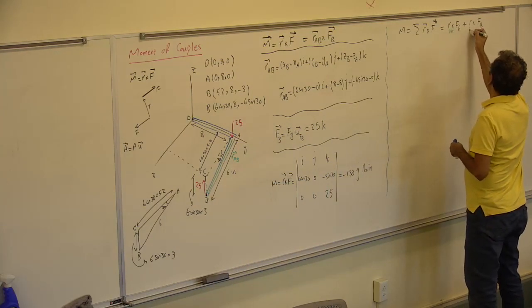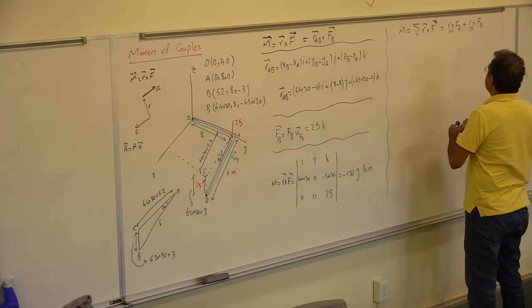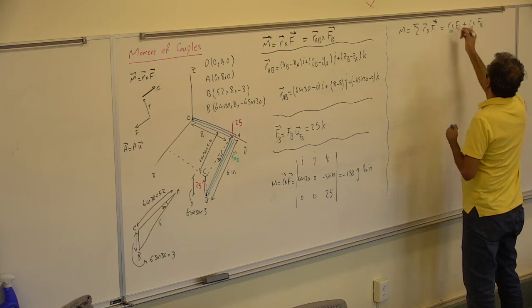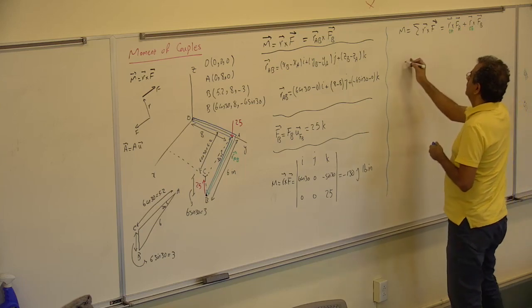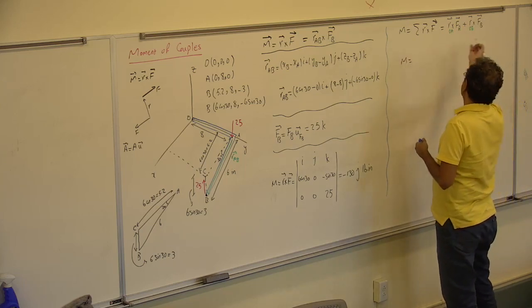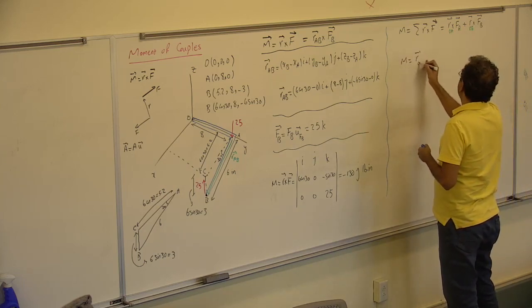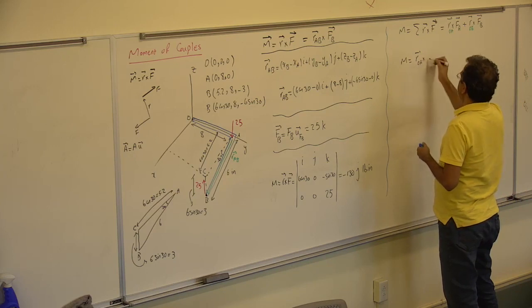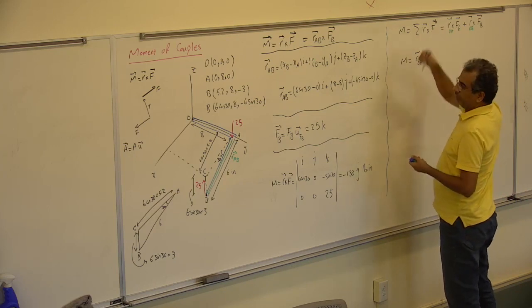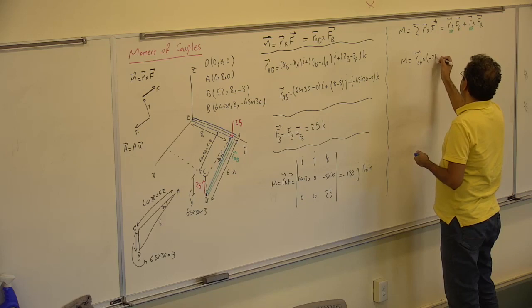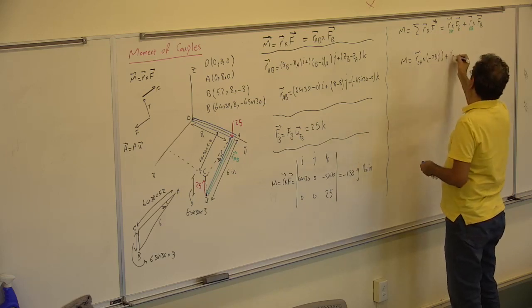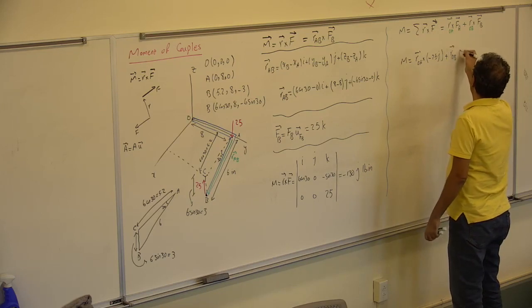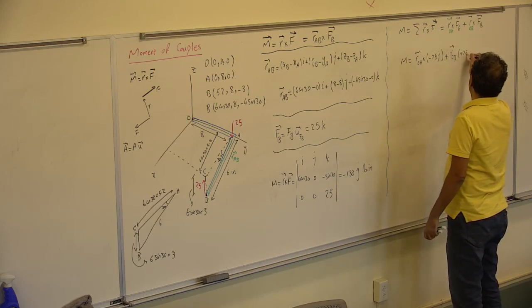For the B, the R would be OB. You can find the R OA times the F, which is going downward, minus 25j, plus R OB, whatever it is, times the F, which is plus 25j.